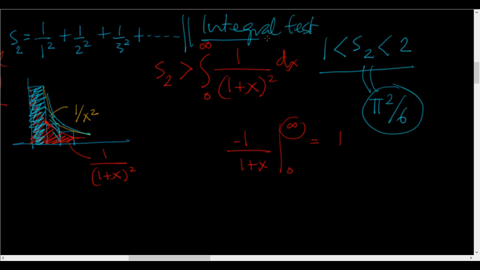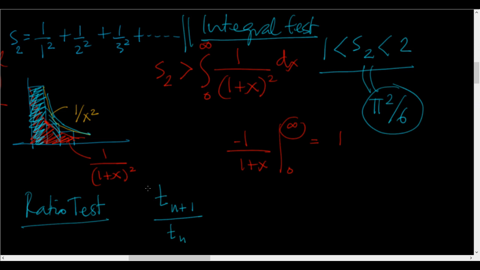There is another type of test for convergence which is called the ratio test. If the nth term in a series satisfies this, the ratio of the n plus 1th term to the nth term, let this be Rn. If the limit as n goes to infinity of Rn is less than 1, then it converges.